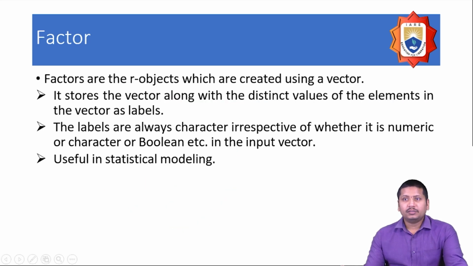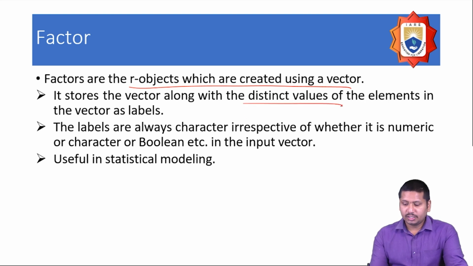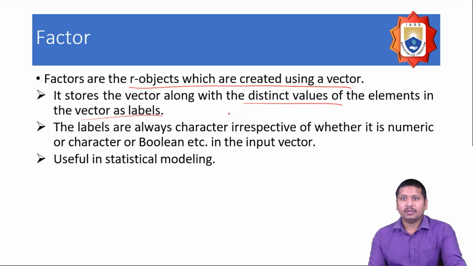Next one is factors. Factors are R objects which are created using a vector, and it stores the vector along with the distinct values of the elements in the vector as labels.